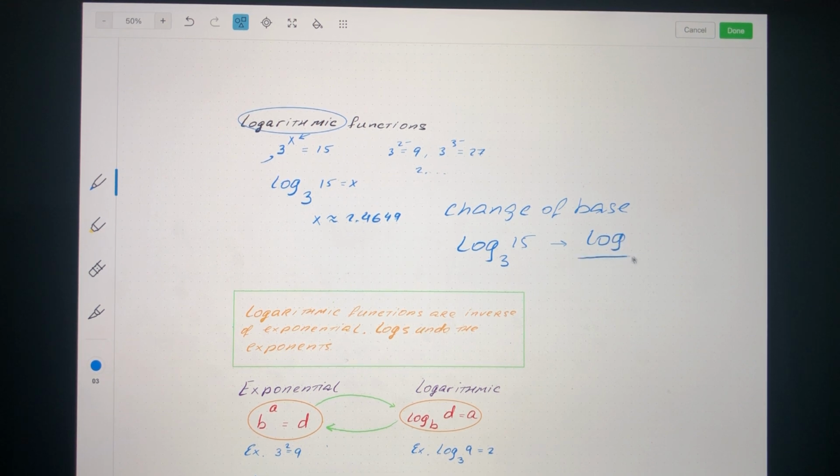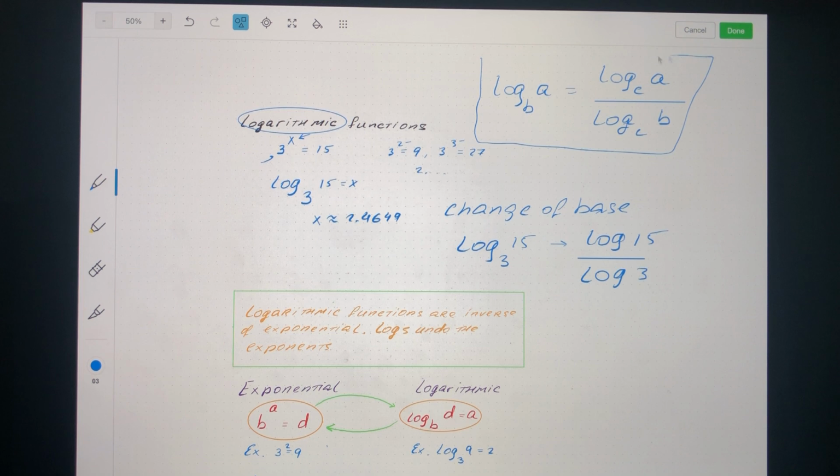So if we just use log, that's base 10. So if we have log 15 divided by log 3, that is using the change of base formula. The change of base formula says that if we have log of any base that we don't want, and we want to switch to the base we do want, let's say c, then we divide them. We divide log a by log b. And that's what the change of base formula looks like.